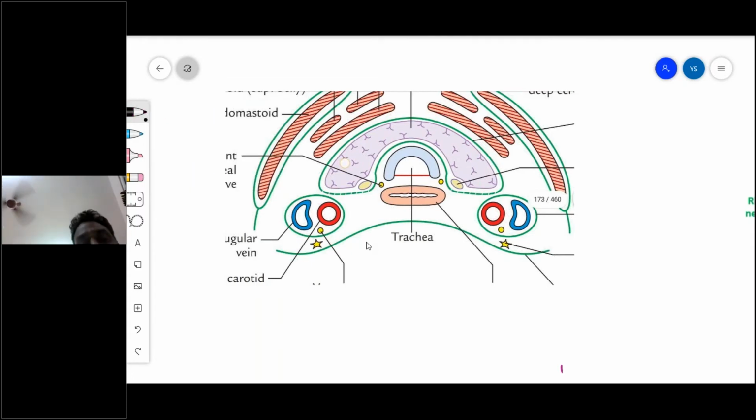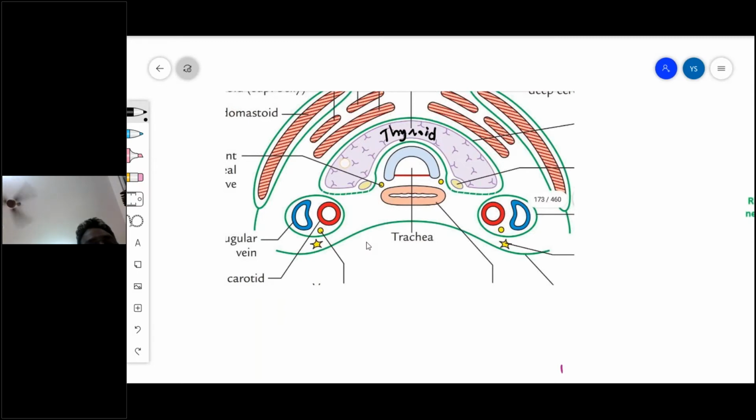I am showing you. This is the transverse section of the neck taken through the thyroid gland. Here I first show you this gland with black color. This one is the thyroid gland. In this picture we can also see the ligaments of the thyroid gland.